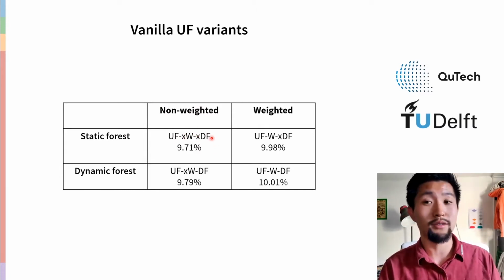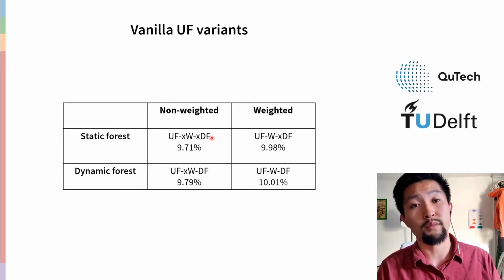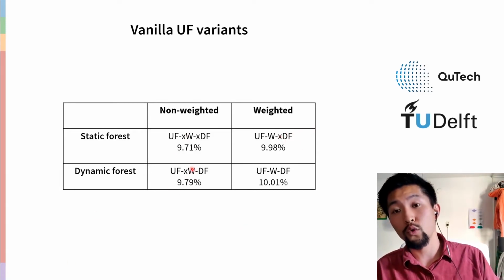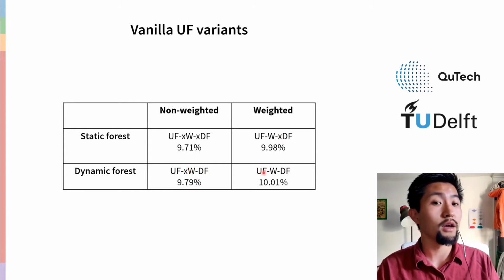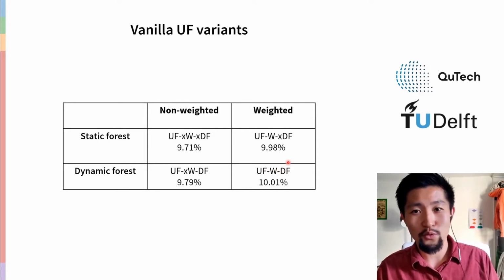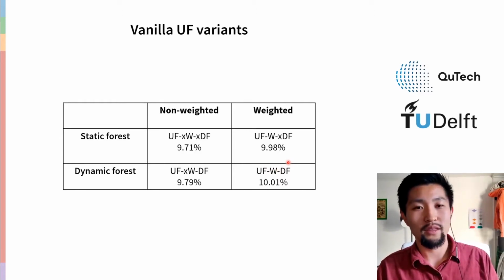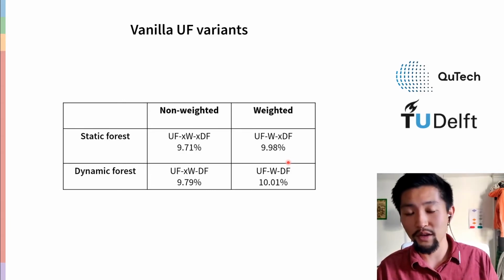We don't call it vanilla unified because this is probably still different from the original implementation. We have the unified weighted without dynamic forest, the unified without weighted growth with dynamic forest, and unified weighted with dynamic forest. So it's quite a mouthful with a lot of letters and abbreviations. It doesn't give any intuition of what's happening here. It didn't for us either.